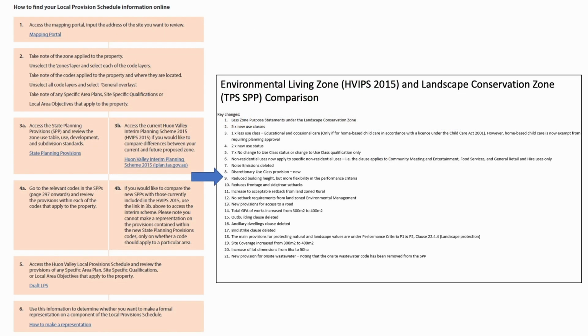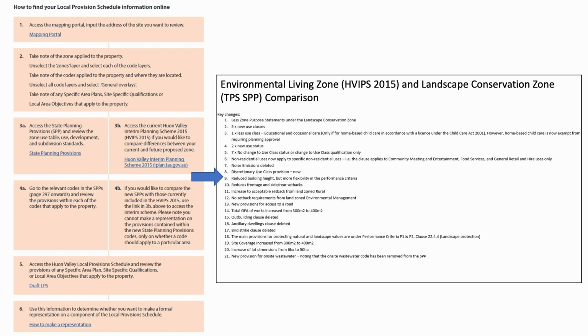We recommend viewing the Huon Valley planning page and following the steps in the flowchart. You'll find links to the zoning maps and guidelines and the new and the old planning schemes, where you can do a head-to-head comparison of the criteria of the different zones.